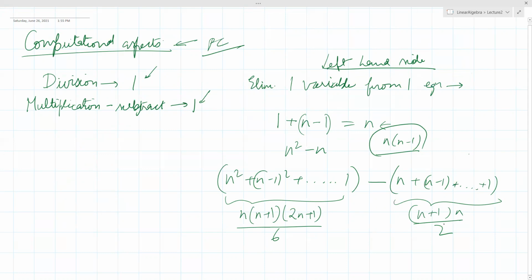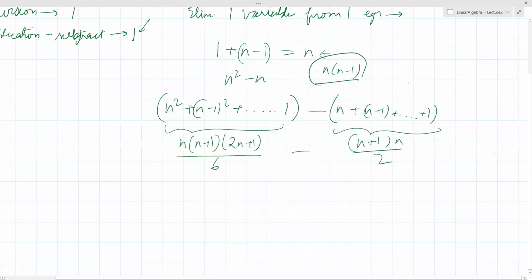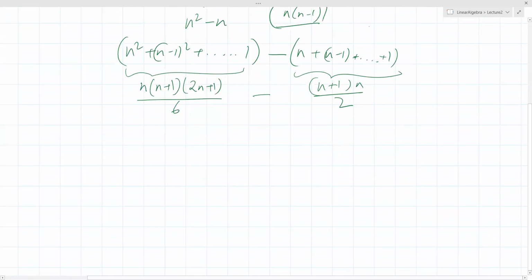If I were to take n into (n plus 1) by 2 common, what will I get here? If I do the subtraction, what will I get? n into (n plus 1) by 2 common, divided by 3, times (2n plus 1 minus 3).